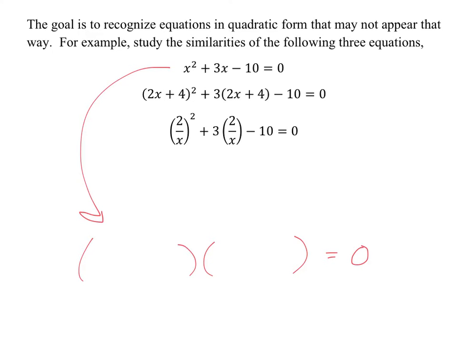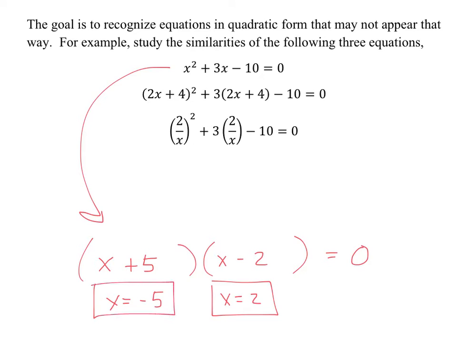Yeah. x plus 5 times x minus 2. Very good. So we've got plus 5 and a minus 2 here for sure, giving us negative 10 and positive 3. So as a result, we get x equals negative 5 and x equals 2 as our solutions.